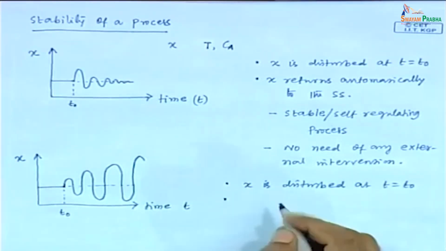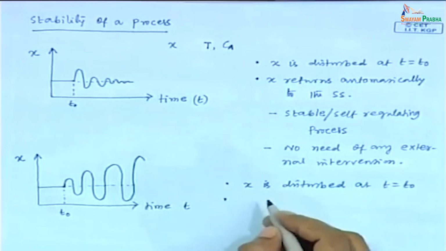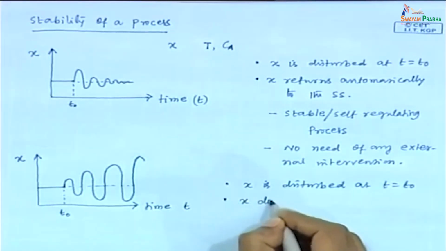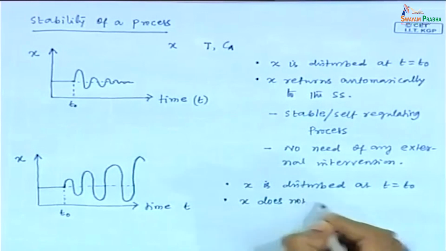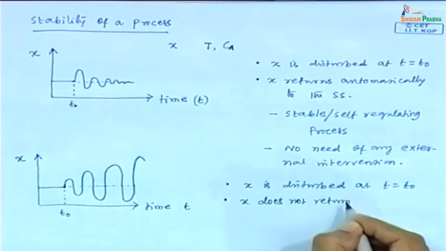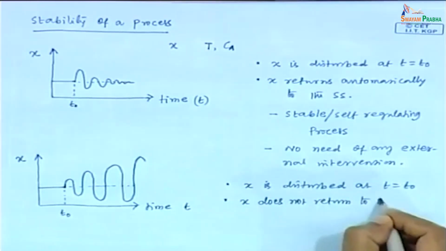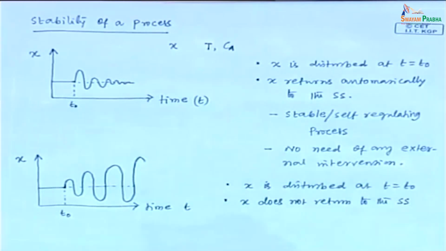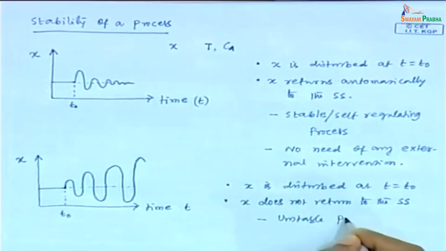So, this figure indicates that x does not return to the steady state. This figure clearly indicates that x does not return to the steady state, and this type of process is called an unstable process.